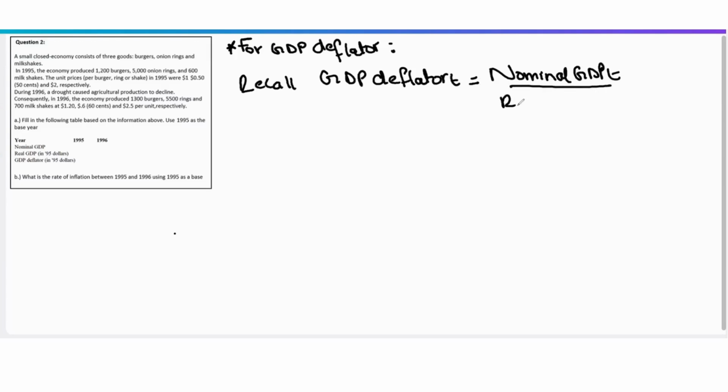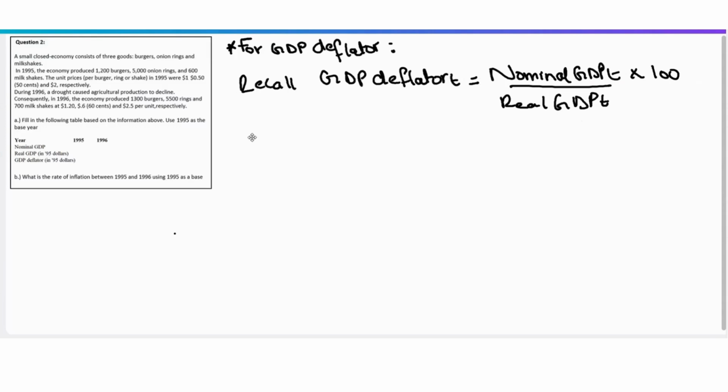And obviously, we do this calculation for a specific base year, because the choice of base year will influence what real GDP is. This is how we calculate the GDP deflator, and we want to find it using 1995 as the base year.